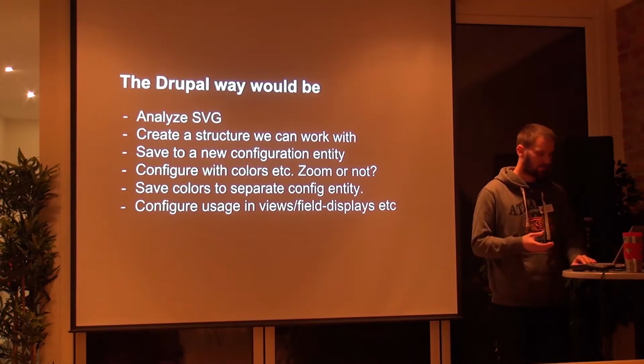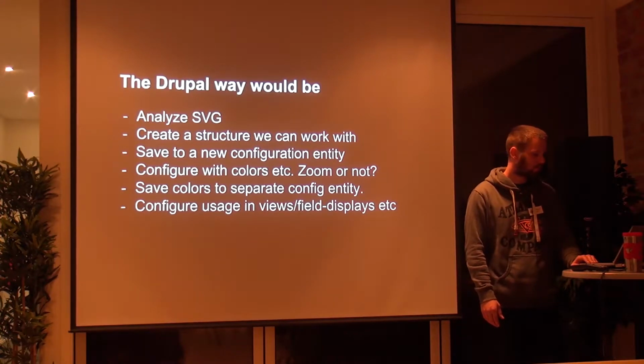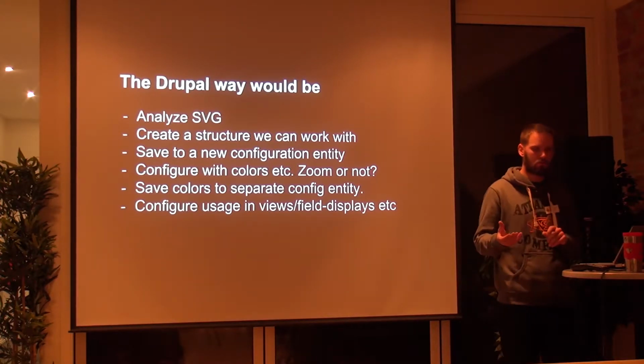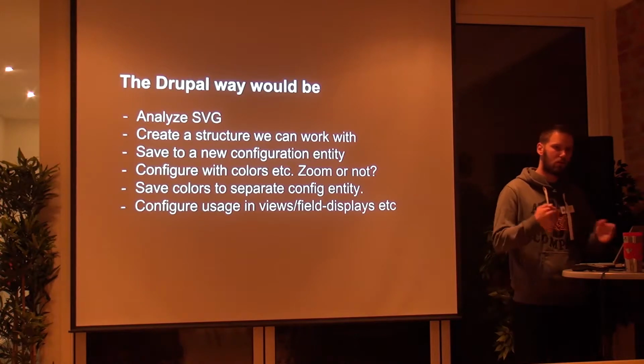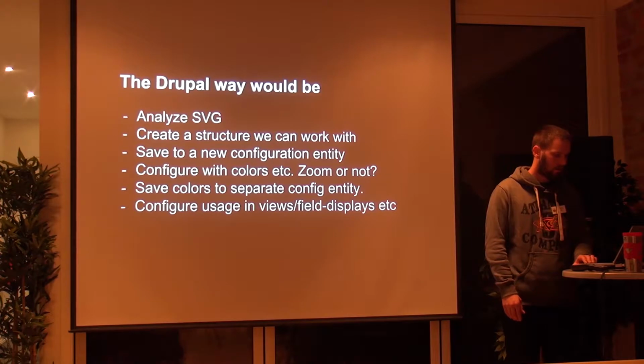Of course, Jvector map has a built-in zoom control, and you can enable or disable that. And we would have to save colors to a separate config entity to make it really exportable.